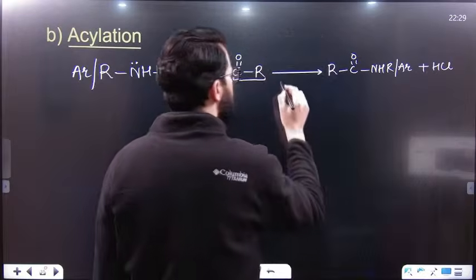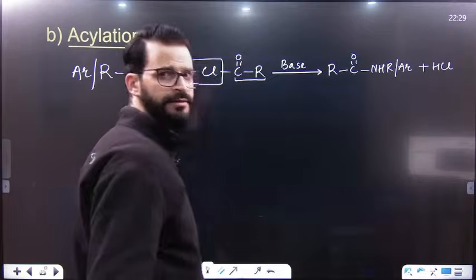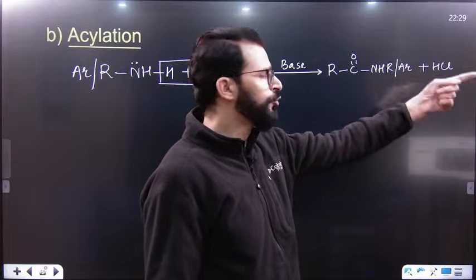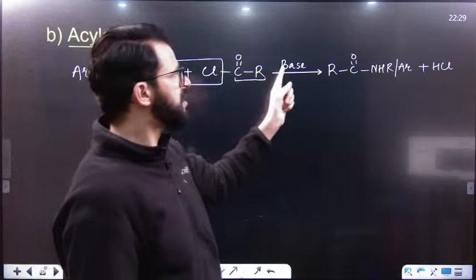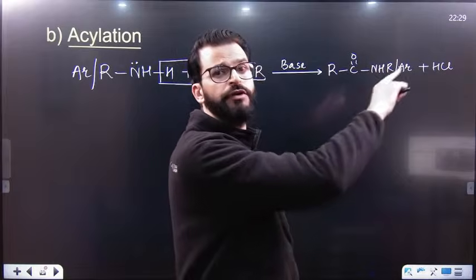But remember, we have to take a base, a strong base like pyridine in this reaction, because this base will remove this acid, otherwise the reaction will come backwards. So this base will remove this HCl so that the reaction is favored in the forward direction.